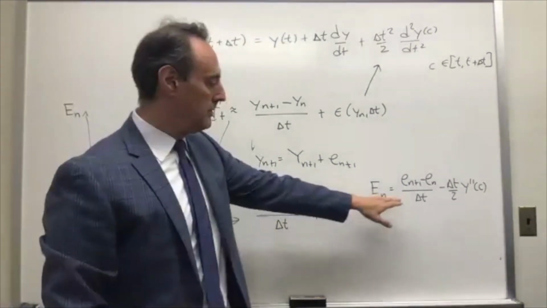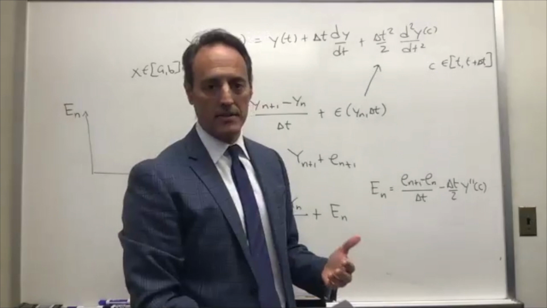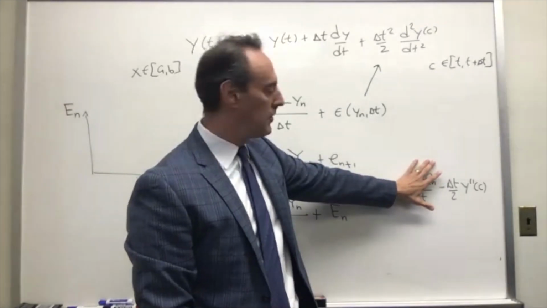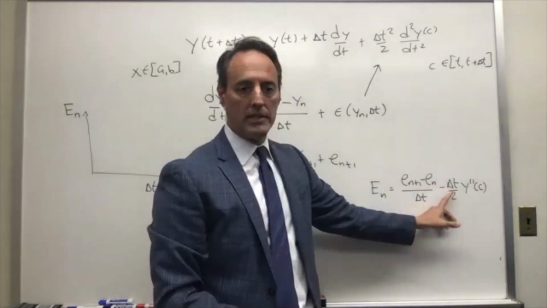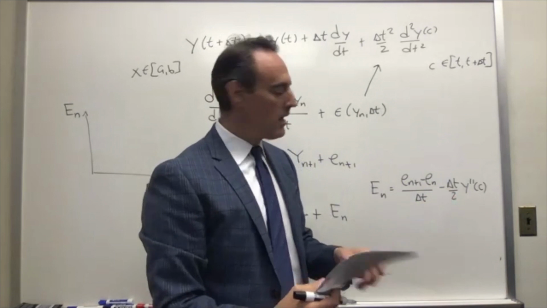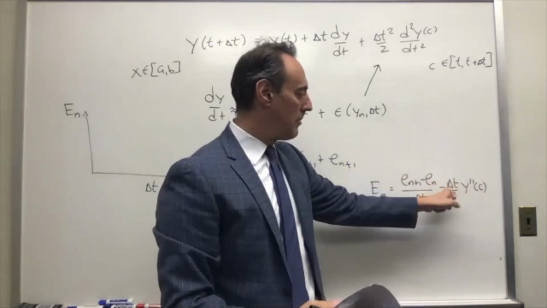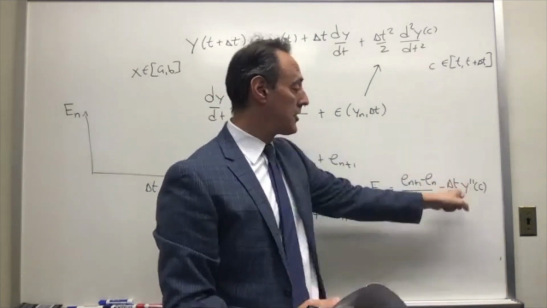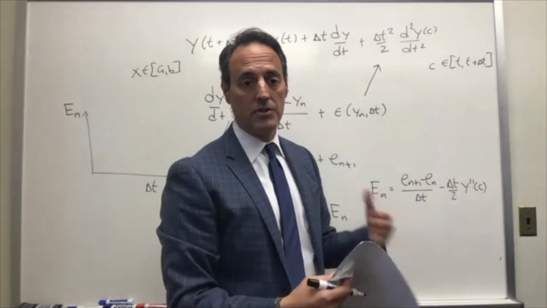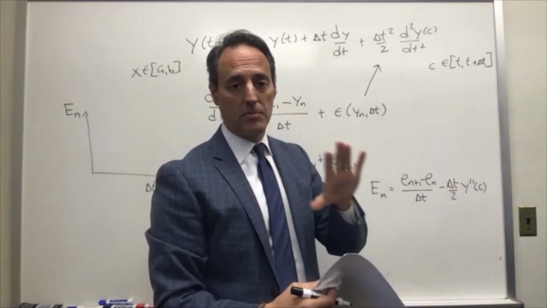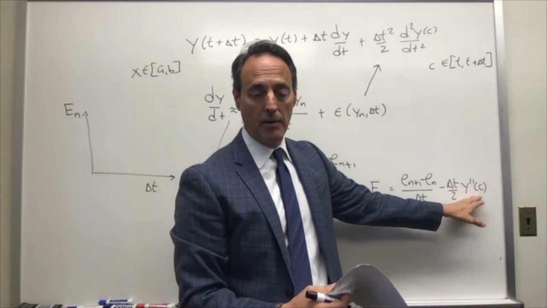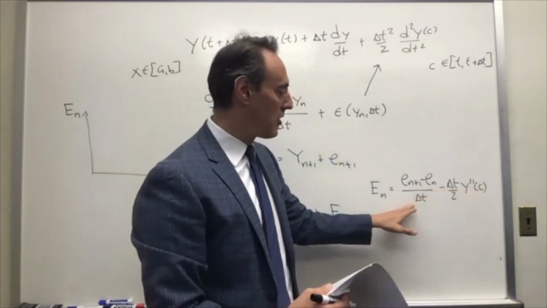Notice the trends as a function of delta t. If we didn't consider round off, the global error went like delta t. The truncation error drops to 0 as delta t goes to 0, so if I make my delta t smaller and smaller, this error goes to 0. However, what about my numerical round off?